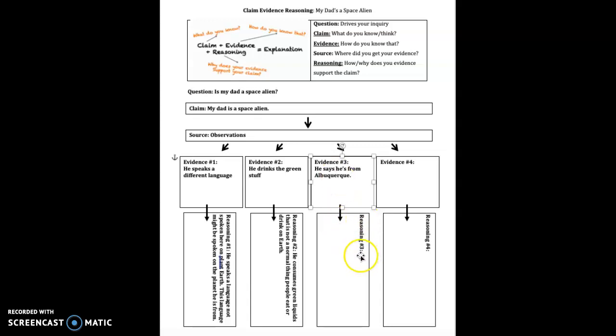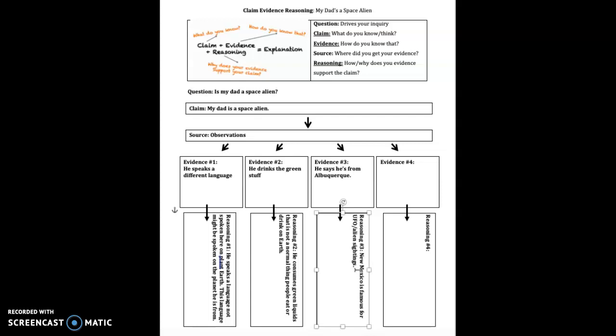She says she's not buying it. So why does that support he's an alien? So in case you didn't know, Albuquerque is in New Mexico. New Mexico is famous for UFO and alien sightings.